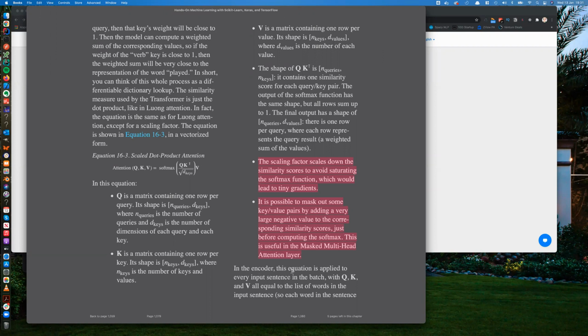So in the encoder, the equation is applied to every input sequence in the batch with Q, K, and V all equal to the list of words in the input sentence. Yeah, so this is how transformers work: these three values, Q, K, and V, are set to be actually the same value on the input, which is a little bit non-intuitive.